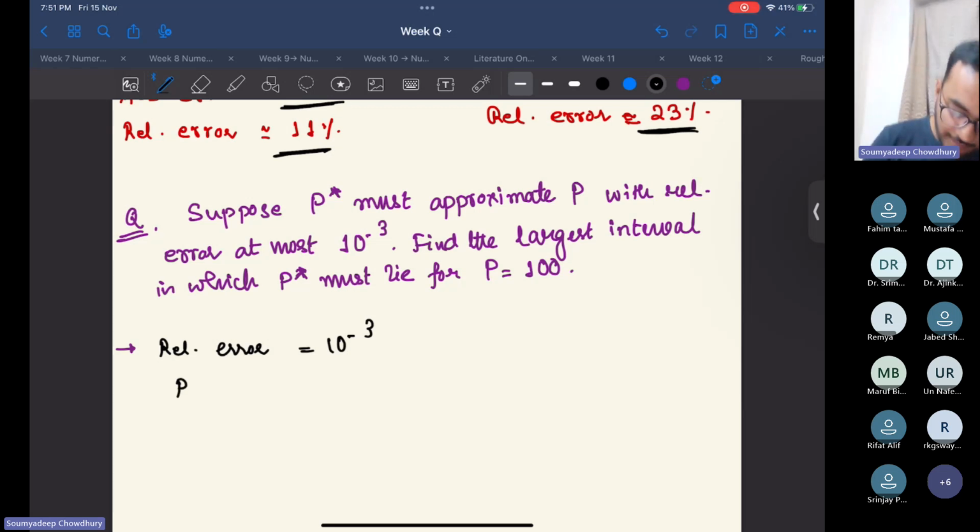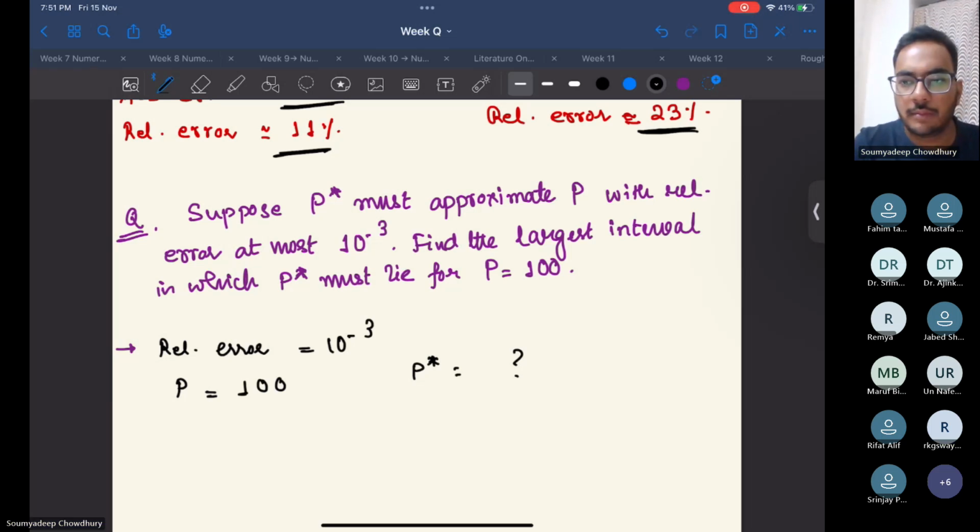So your P is given as 100, right? You have to find P star. And it is not a single value, remember. So P star would be P plus minus 0.1. Yes, correct. P plus minus 0.1.